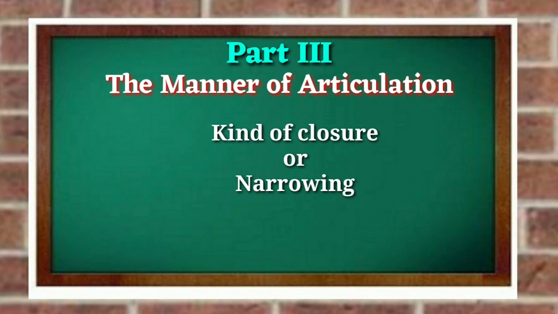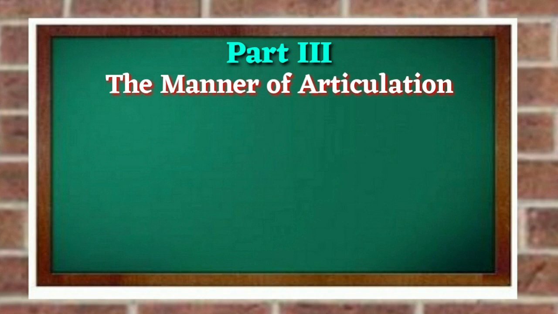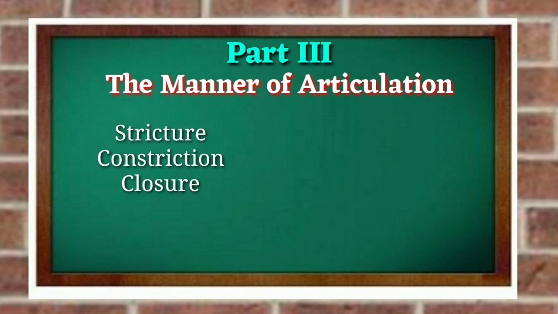Especially when we produce English consonants, we have to give attention to the kind of structure, the kind of constriction, the kind of closure, and second, in what way the air escapes. So, these things must be studied in the manner of articulation.